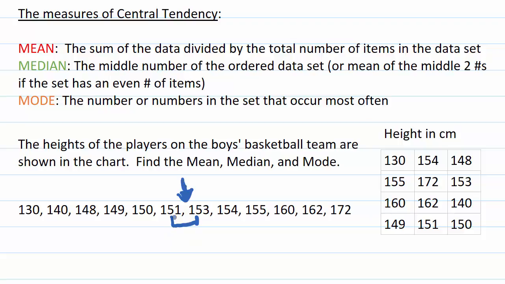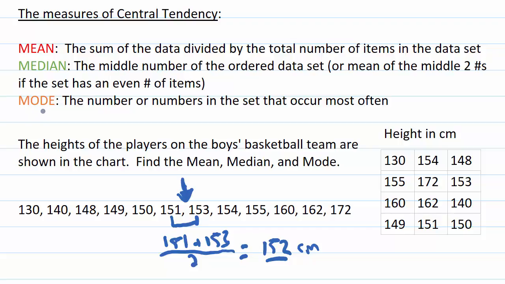We add 151 plus 153, that's 304. Then we divide by 2, and we get 152. This one's a little bit easy. You can say what's exactly in between 151 and 153. The answer is 152 centimeters. So the median, the middle number of this set, is 152 centimeters.